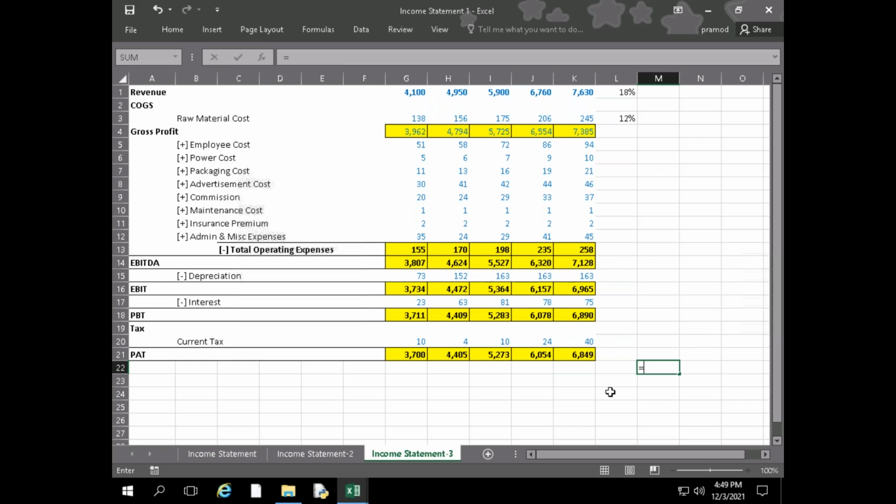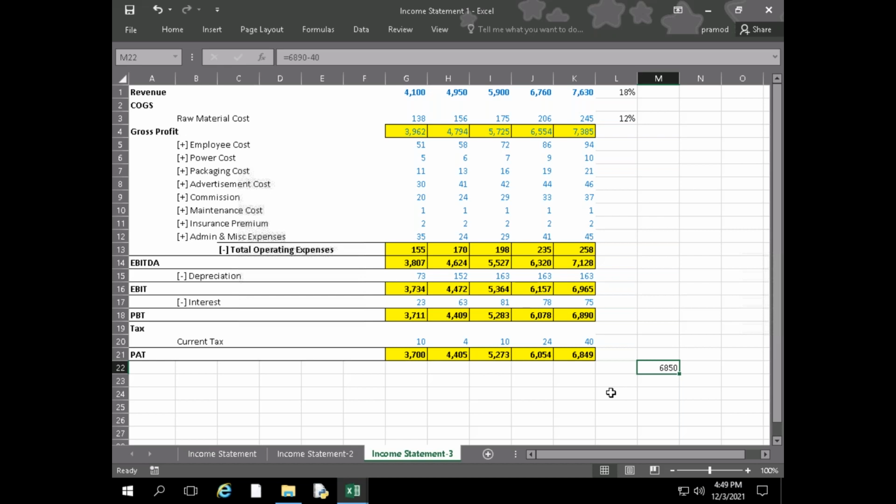See what it happens. 6,890. Decimal it might have taken, that is why it is showing 49.